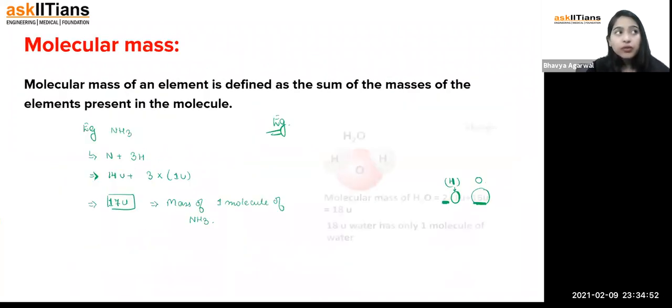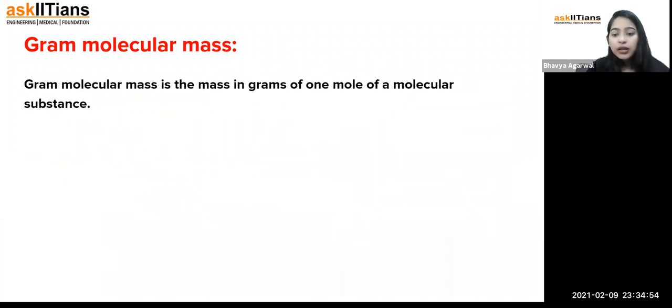Now, I'll come back again to another thing which is known as the gram molecular mass. As we have discussed before, gram molecular mass is basically the mass of 1 mole of a substance in grams. Just now we discussed what is 1 mole. 1 mole refers to Avogadro number of particles.